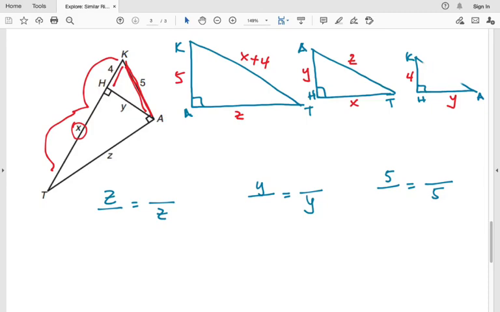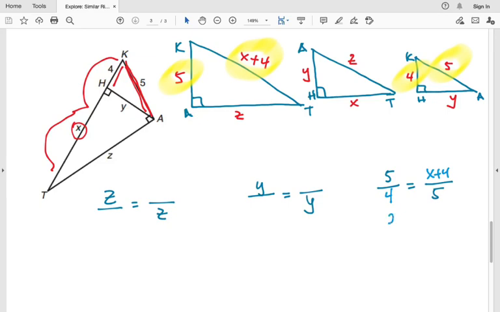Oops, I just erased it. Sorry. Let's see if I can undo that. There we go. And we're going to use this 5 right here, and we're going to relate it with the x. So we're going to be using this right here and this and this. Those are the corresponding sides right there. So setting up my proportion, we're going to do 5 over 4 equals x plus 4 over 5.